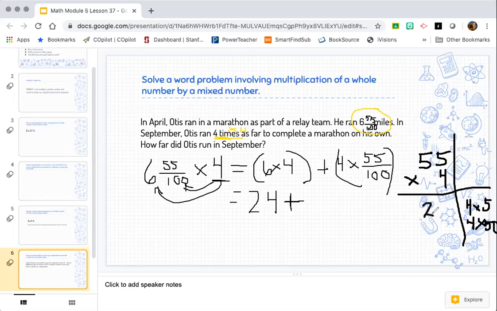I'm going to put the 2 in the tens place, a 0 in the ones. And 4 times 50 is 200. And then I can add them. 0, 2, 2. So what I really have is 220 hundredths.